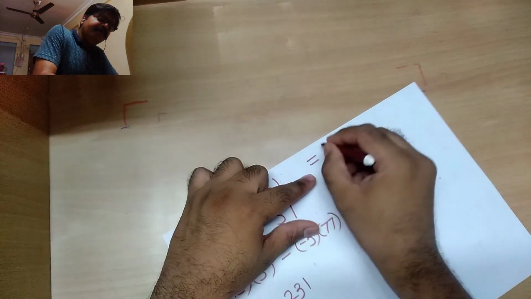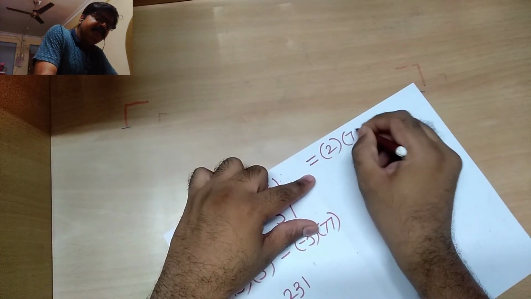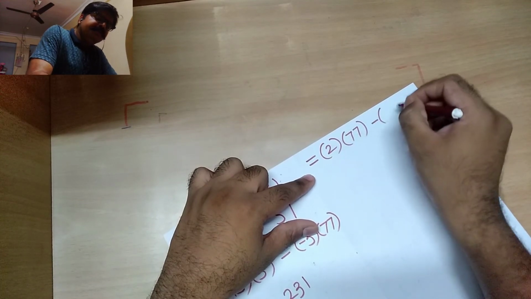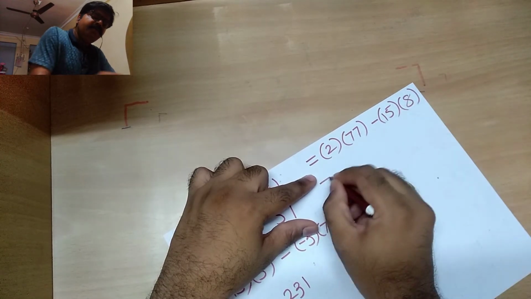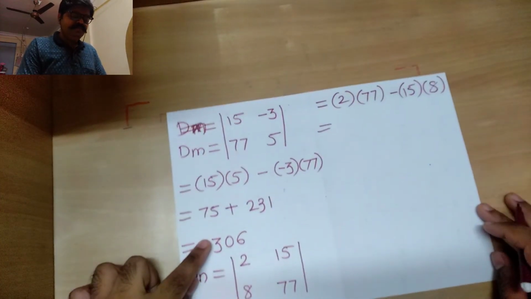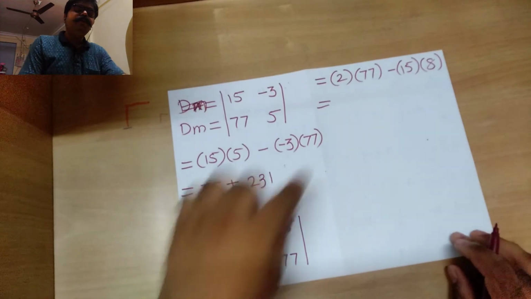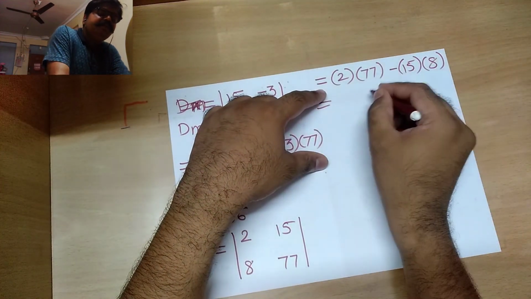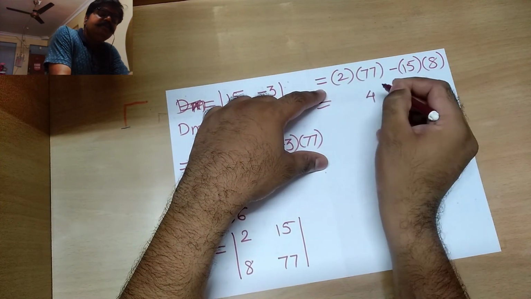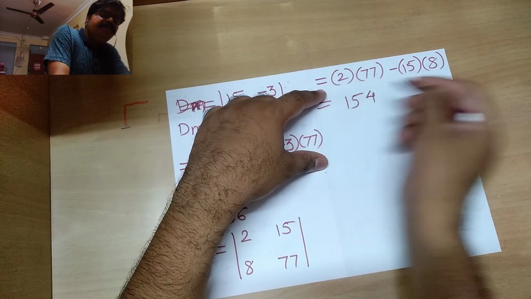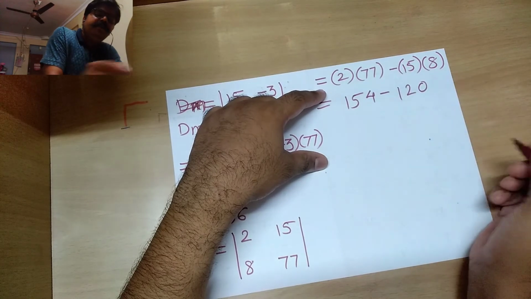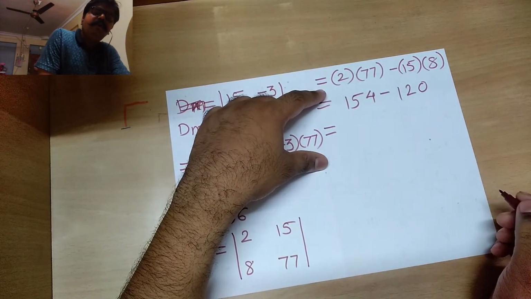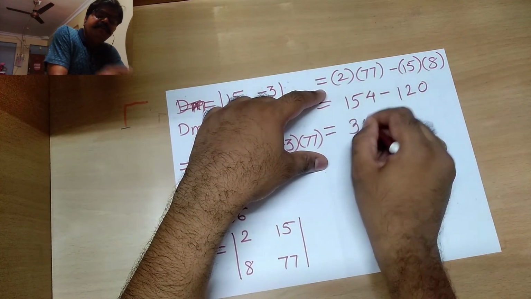Therefore, we are going to have 2 multiplied by 77 minus 15 multiplied by 8. 2 into 77 is actually 154 minus 120. So after subtraction all we are going to have is 34.